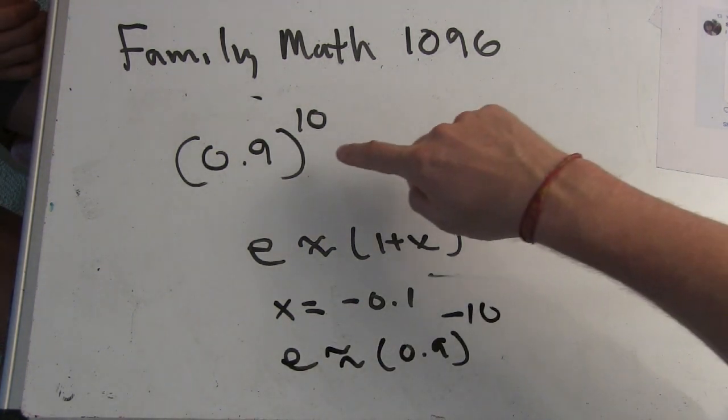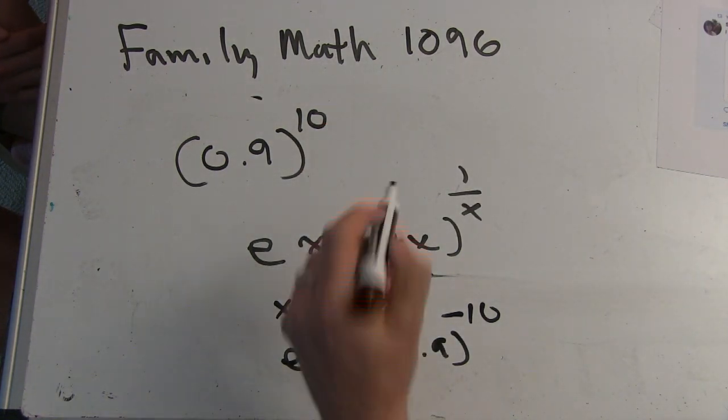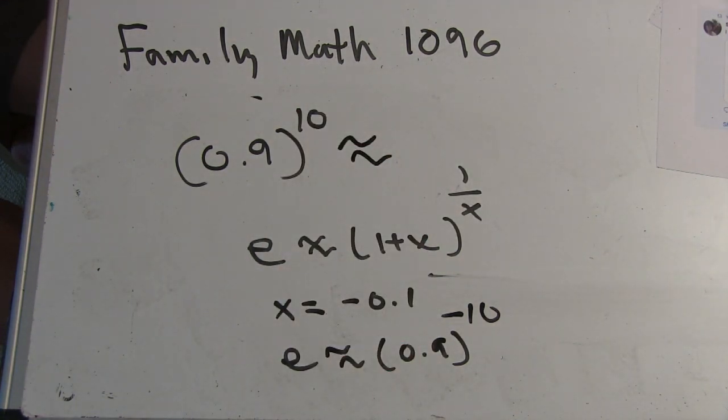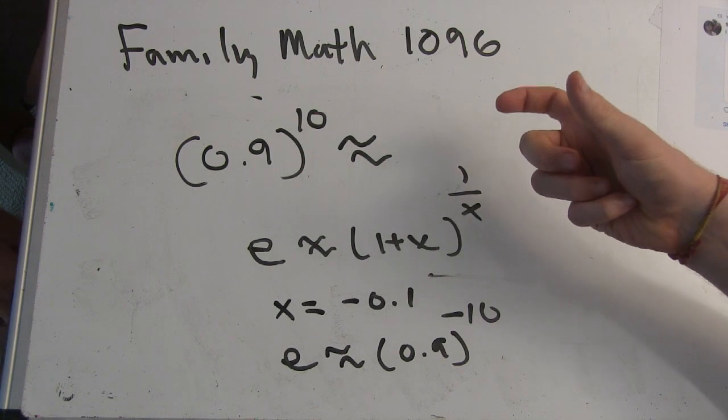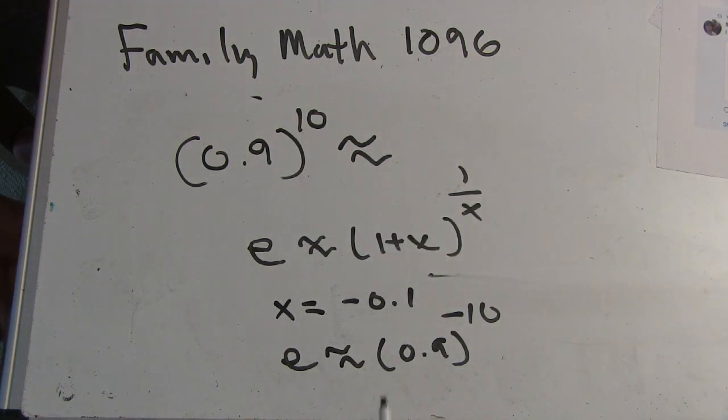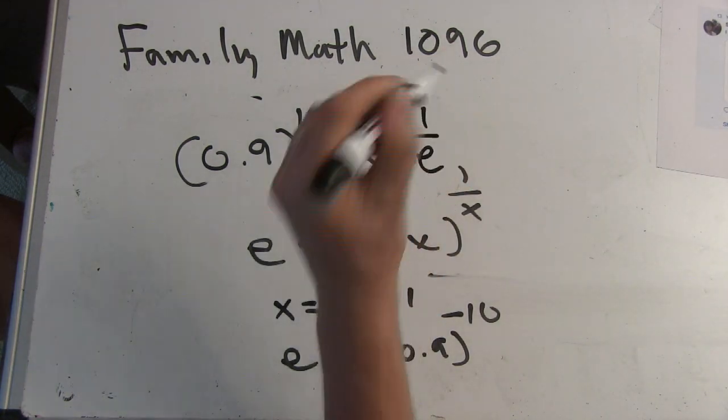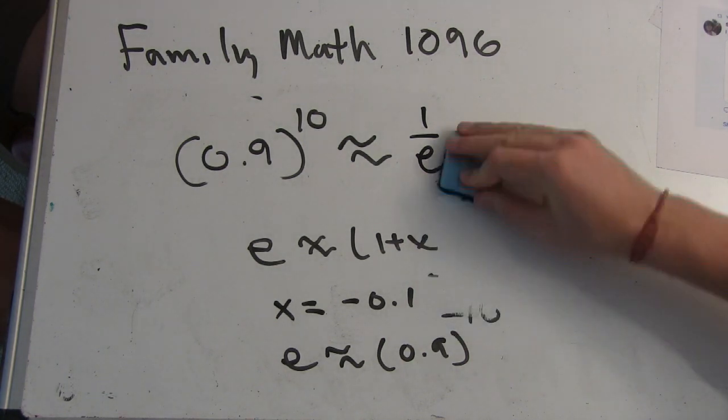So what is this number going to be approximately? It's approximately 1 over e, because we have a negative power here, and I can make a negative power positive by taking the reciprocal. So this should approximately be 1 over e, which is a rough approximation.